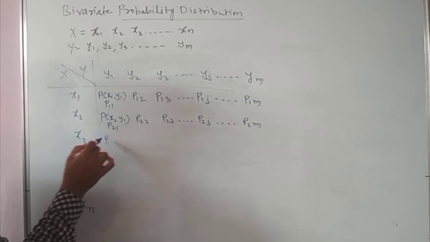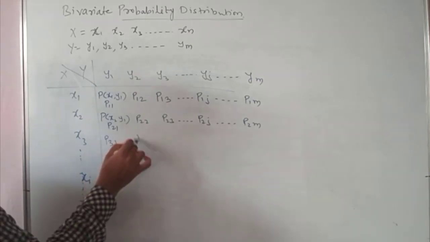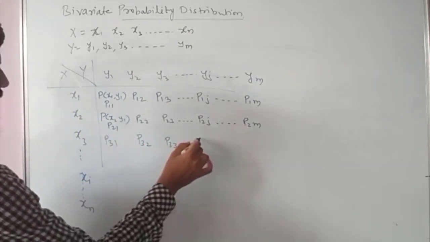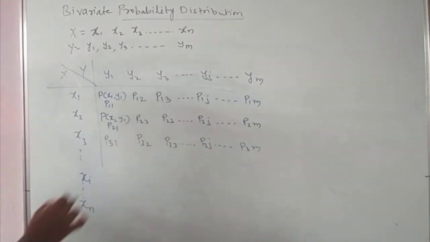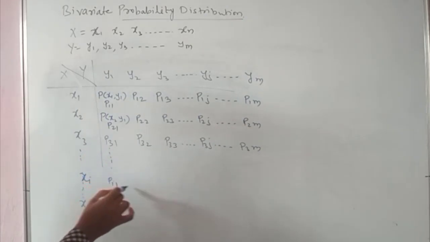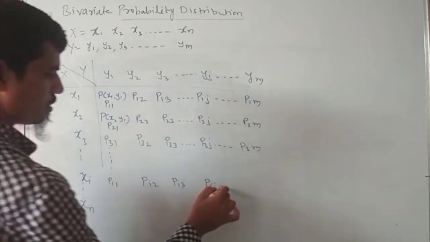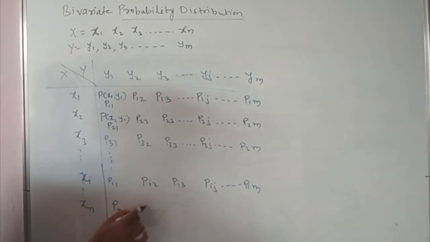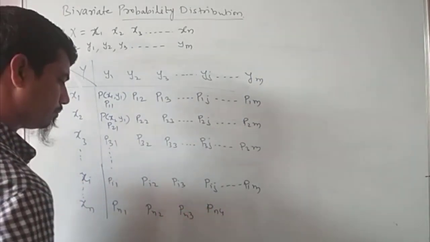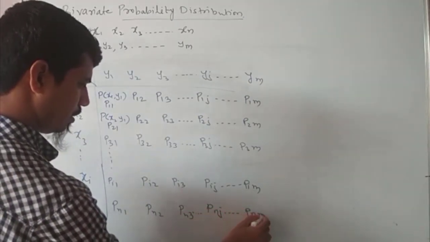Similarly, when the random variable X takes the x3 value, we have p31 for y1, p32, p33 and so on, p3j, up to p3m. Continue in this way: pi1, pi2, pi3 and so on, pij, up to pim, and pn1, pn2, pn3, pnj and so on, up to pnm.